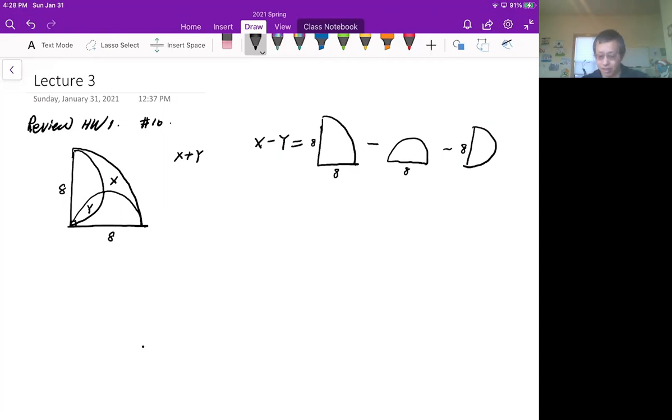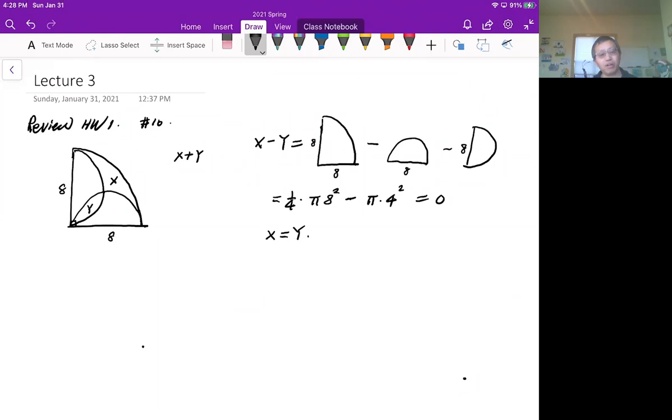If you work on this, the first one is 1/4 times pi r squared. The second and third together are just pi r squared, but r is actually 4, and this is equal to 0. So X and Y are the same, which implies that the sizes of X and Y are the same.